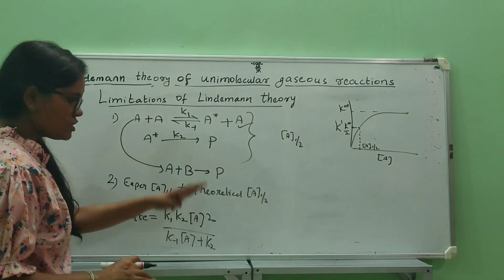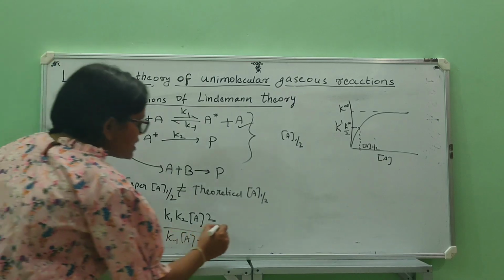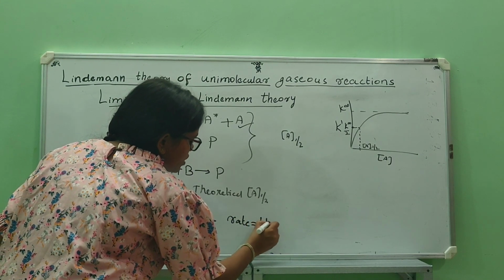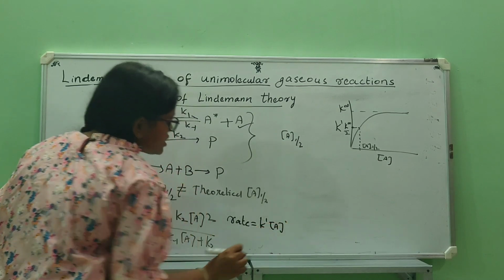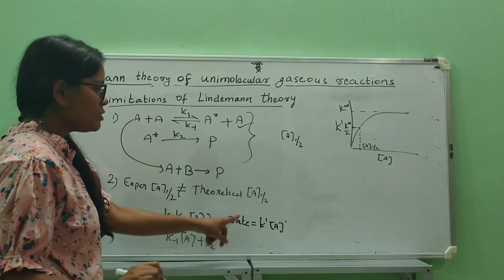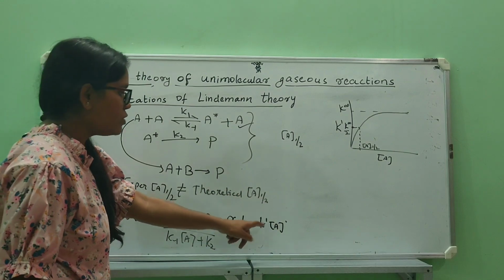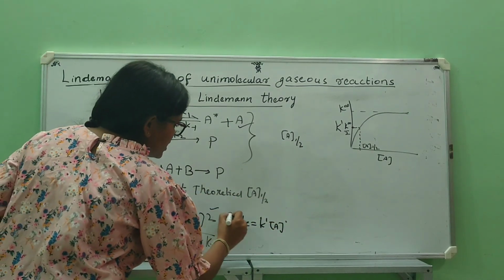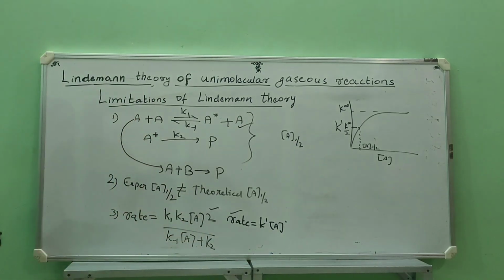This we have already discussed. But experimentally, rate is equal to some rate constant into A. So the experimental rate law was observed to follow first order kinetics for almost all gases. So this was the third limitation for Lindemann theory.